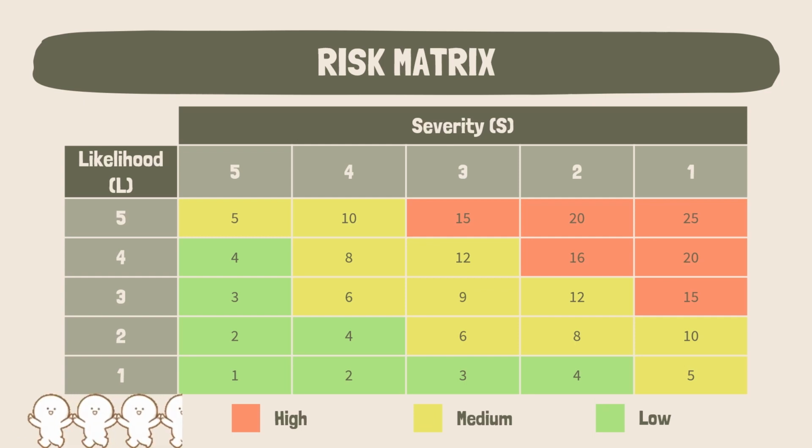Red color indicates a high risk, which requires immediate action to control the hazard as detailed in the hierarchy of control. Yellow color indicates medium risk that requires a planned approach to control the hazard, and temporary measures are required. Green means a low risk, which is acceptable and further reduction may not be necessary.